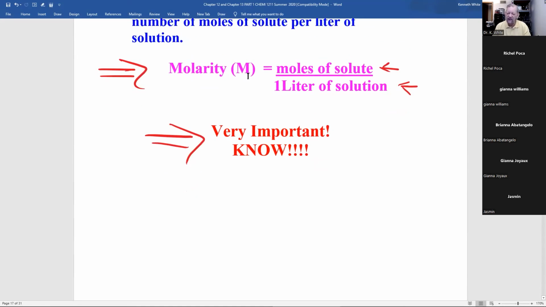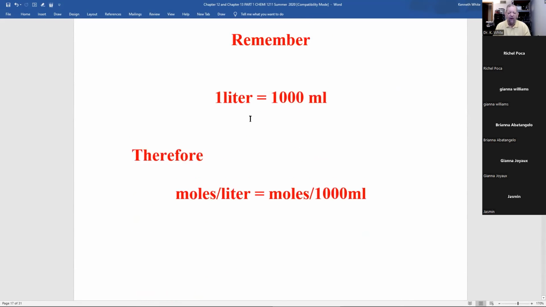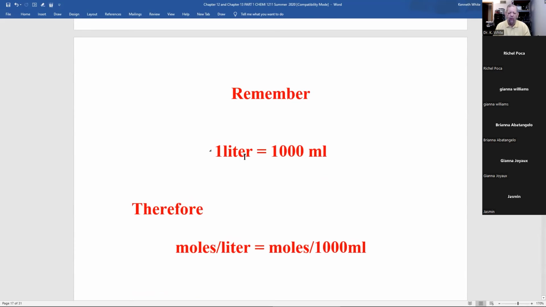Now, what this really means, in a lab, we don't usually measure liters, we measure milliliters. So remember, 1 liter equals 1,000 milliliters.